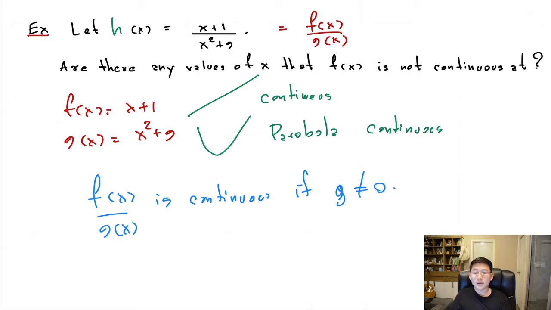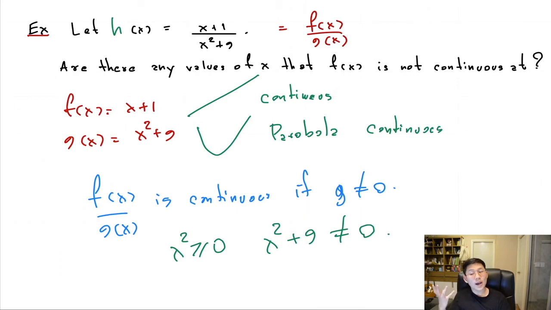But what is g? G is x squared plus 9. Guys, x squared is always non-negative, so x squared plus 9 can't be 0.